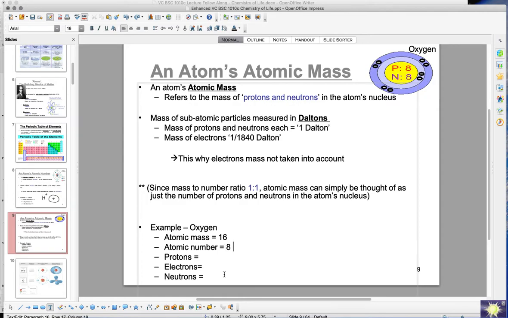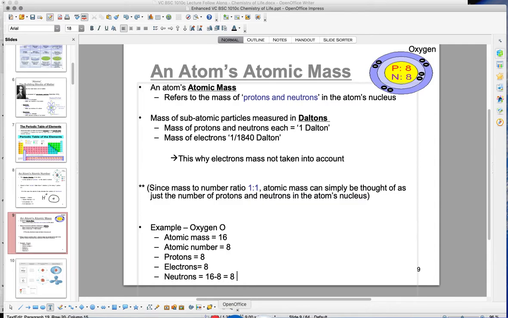So the number of protons we get from our atomic number, which is 8. And if this oxygen is neutral, it just says O, with no plus or minus, so the electrons also have to be 8. How do we get the number of neutrons? We know that the mass is the number of protons and neutrons, so we do 16 minus 8, which equals 8.